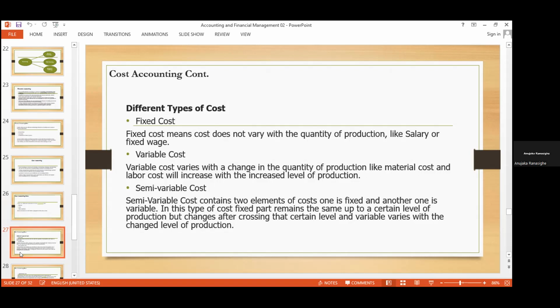Variable cost means the cost varies: if we increase the quantity of production, the cost increases; if we decrease the quantity of production, the cost decreases. It is called variable cost.